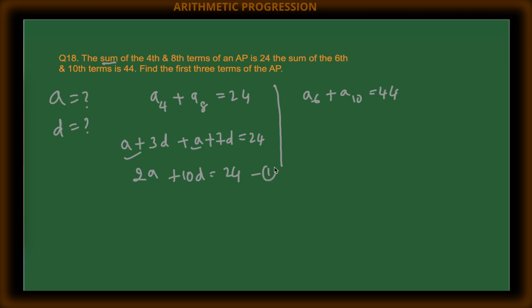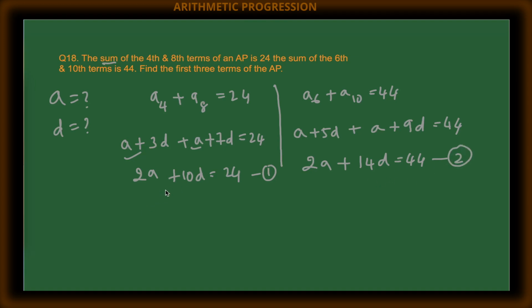No. So let's put it here as equation 1. Now A6 can be represented as A plus 5D, plus A10 can be represented as A plus (n minus 1), which is 9D, equal to 44. So 2A is there, plus 5D plus 9D is 14D, 2A plus 14D is equal to 44. Further simplification we cannot do.